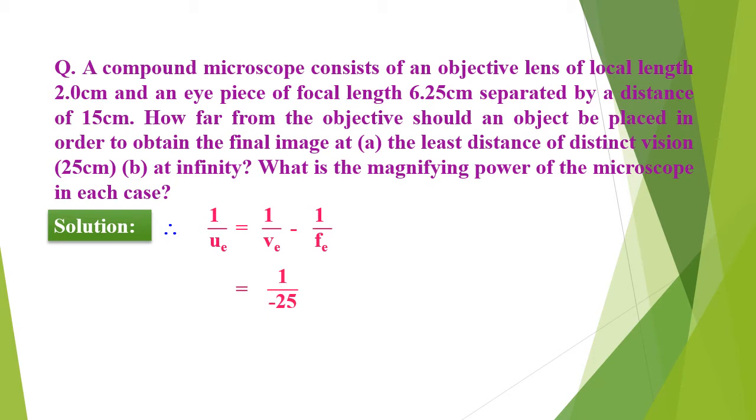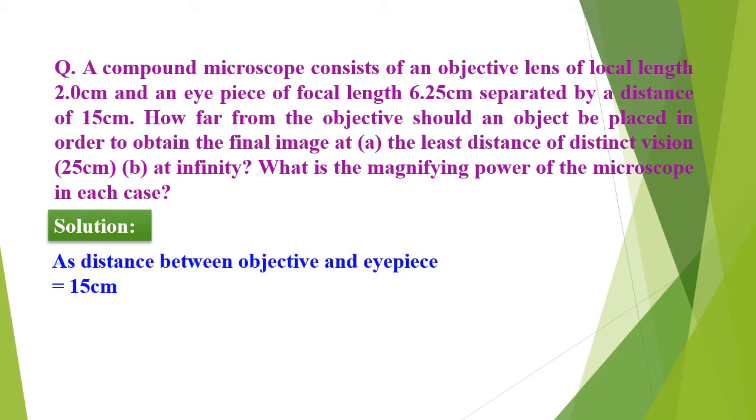By substituting the value, 1 by minus 25 minus 1 by 6.25. By simplifying this, we are getting 1 minus 4 divided by minus 25, that is minus 5 divided by 25. So UE value will become minus 5 centimeter.